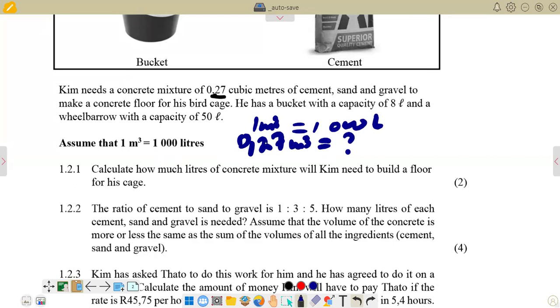What we don't have is 0.27, we make it the numerator. What we have is 1 cubic meter, we make it the denominator, then you multiply by 1,000 liters. Then you can simply get your answer. So this is how we are going to go about it.